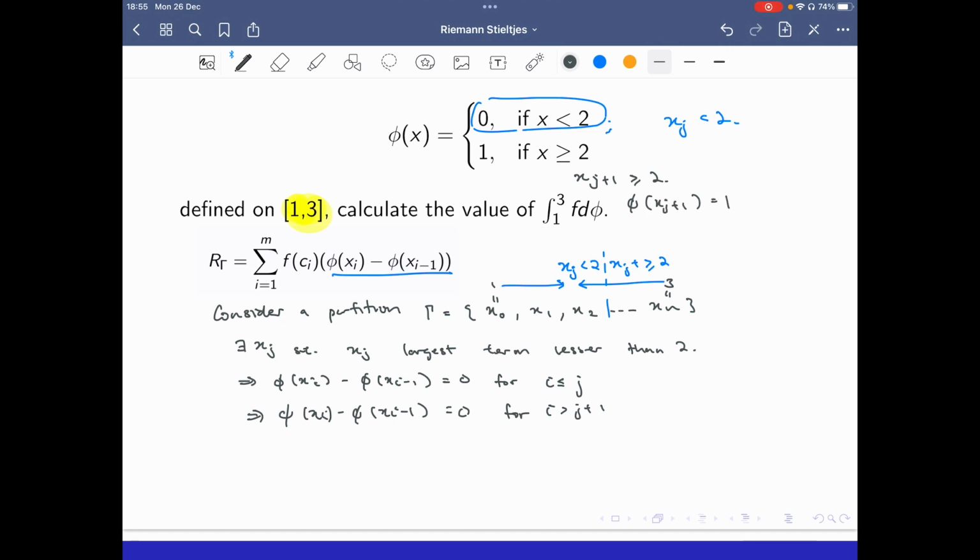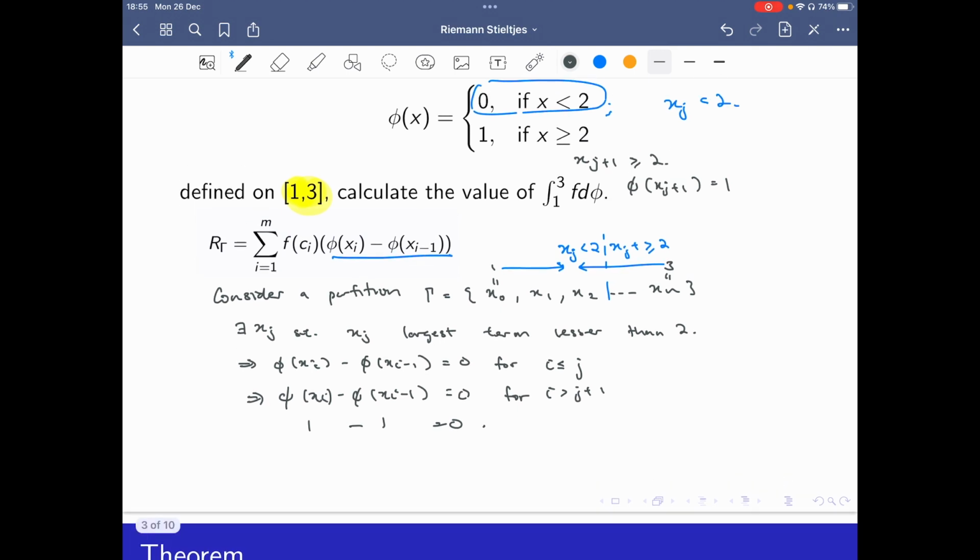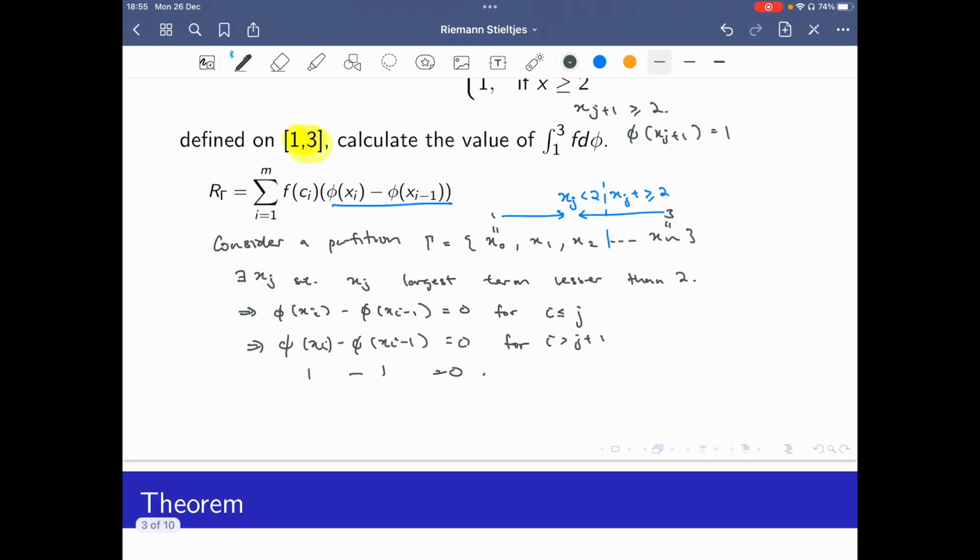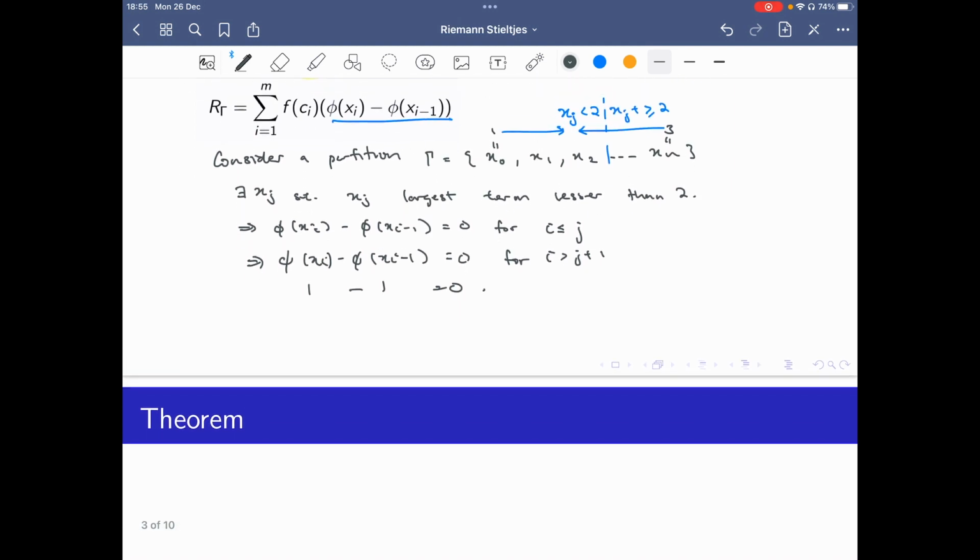When it goes larger and larger, it's both going to be 1 and 1 minus 1 is equal to 0. So for both cases, it's going to be 0. So for the latter part, we can easily simplify the total sum into a simpler expression. Only one term is left, which is the case where i is equal to j plus 1.